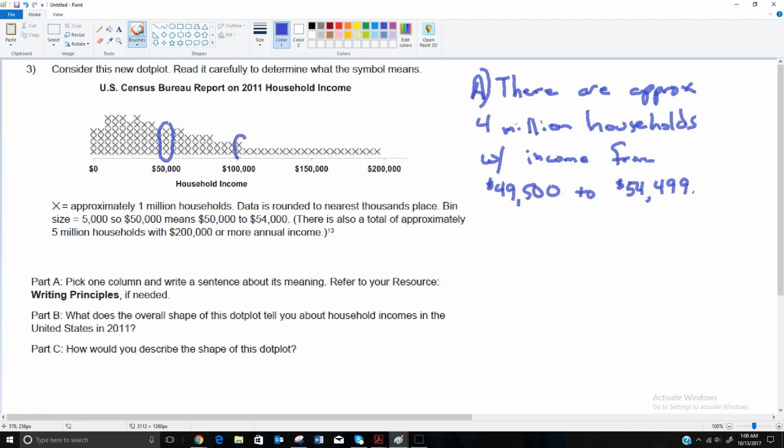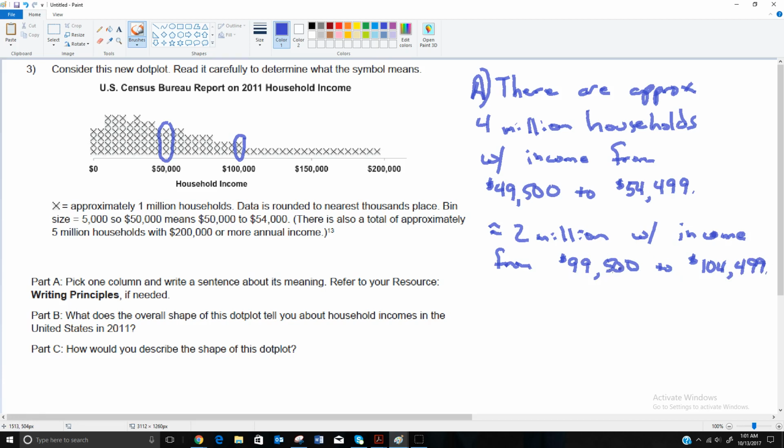Let's do one more just to get another idea. So for this one, it says to only do one, but we'll do two. So there are approximately 2 million with income from 99,500, because that would round to 100,000, to 104,499.